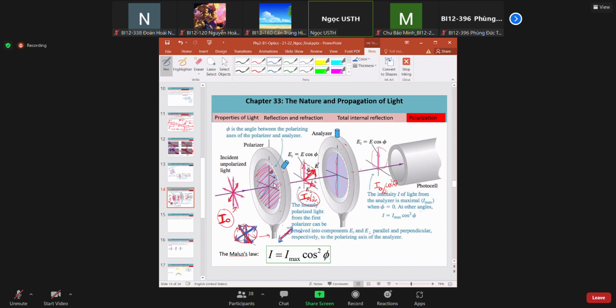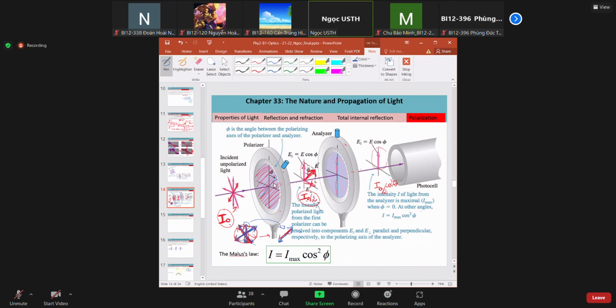So the parallel component can get through. If you take the average, half of the intensity of the incident beam can get through. It's just an averaging problem. So the output from the first polarizer will be I0 over 2.